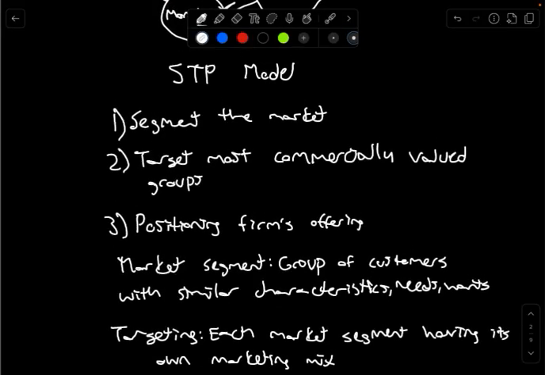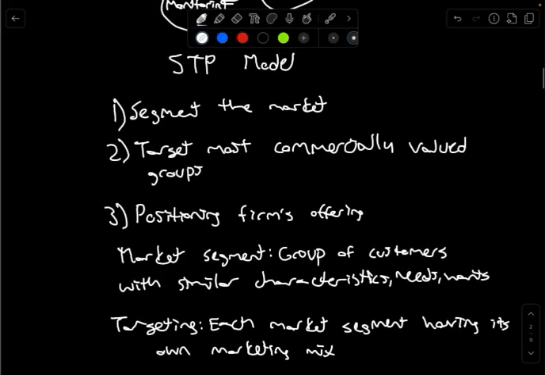Another concept that we have to know is the STP model, which stands for segmentation, targeting, and positioning. So it has 3 stages. First, segmenting the market, as for example, separating the market and examining it, for example, for children, women, or elderly people.